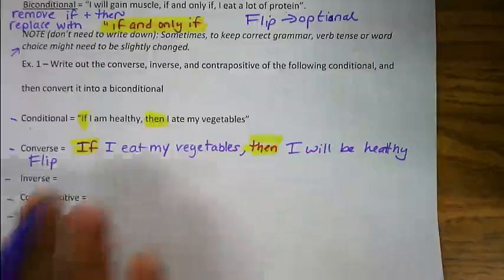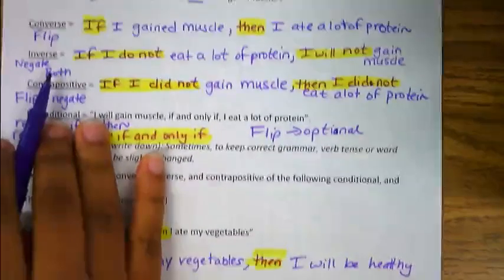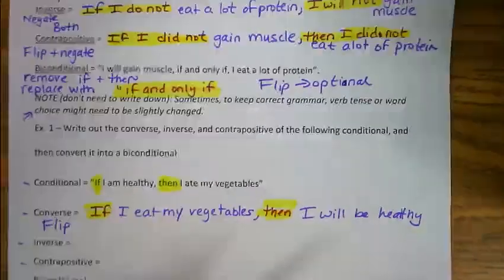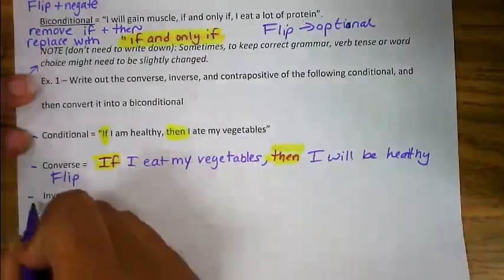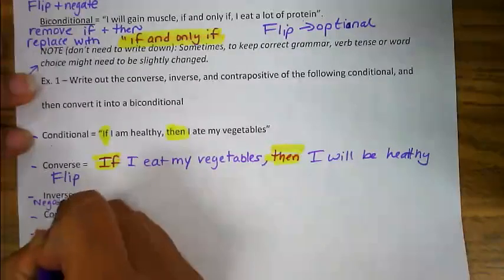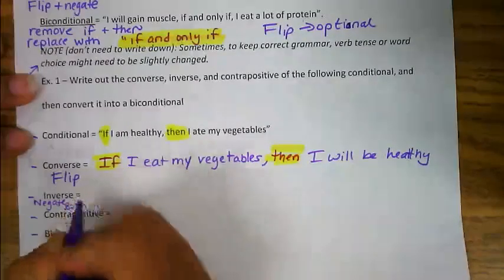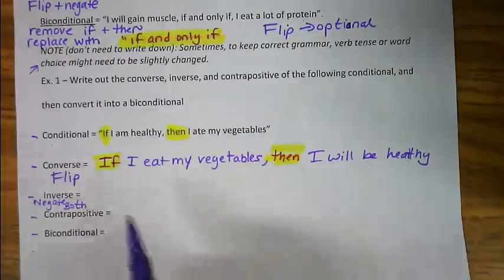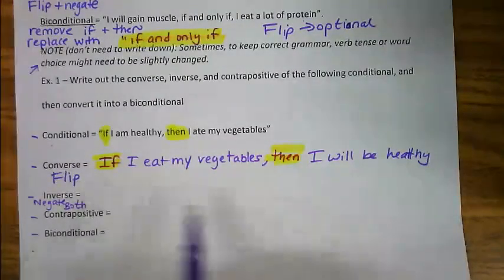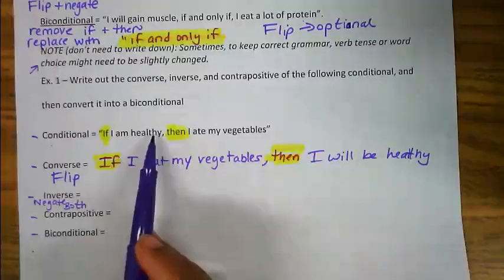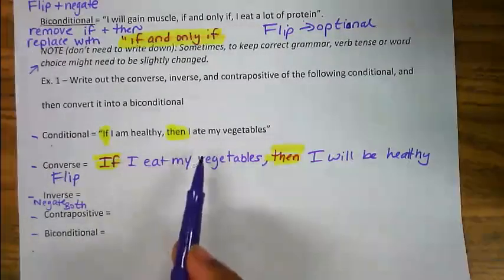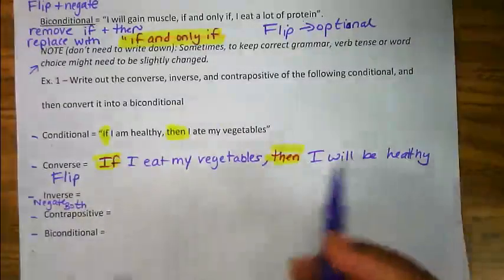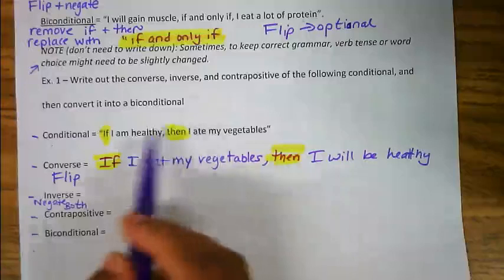Alright, inverse, we negate both. Negate both. Let's go back down. So, I negate both. Pause it and try to do it yourself. Try to write, if I do not, blank. Okay? What you should have written, remember, you keep it like this.